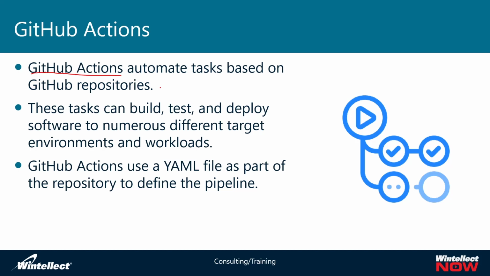The way this works is based on an event that happens inside of a repository, such as a push, a pull request, whatever it might be. You can invoke an action, and then that action will do something. And one of those potential actions is build a container. So it's got full support for building and pushing container images into a repository.